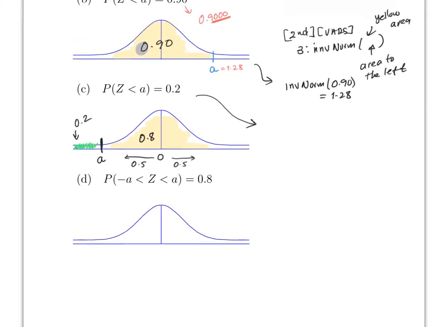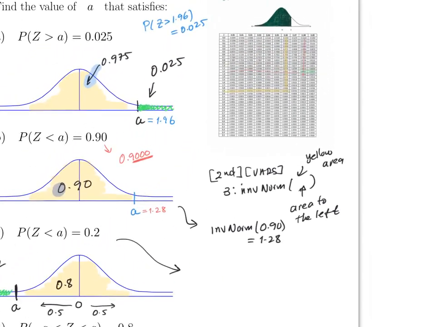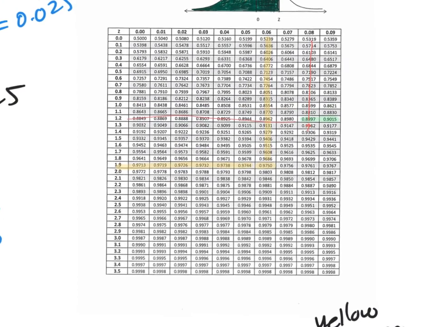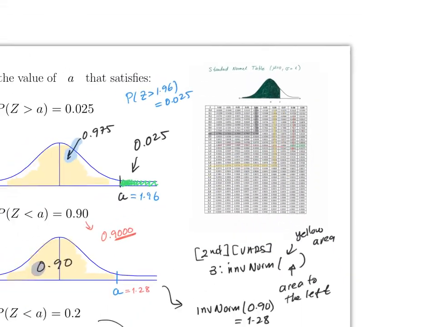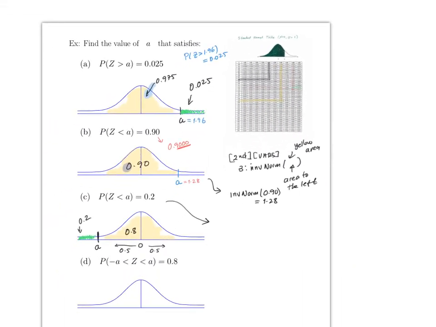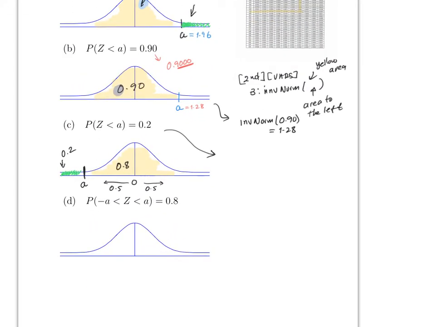If you look for the value for 0.8, the closest you can get to 0.8 is this value right here, which came from 0.84. So hence, the value for A is going to be minus 0.84, because it's on the negative side.